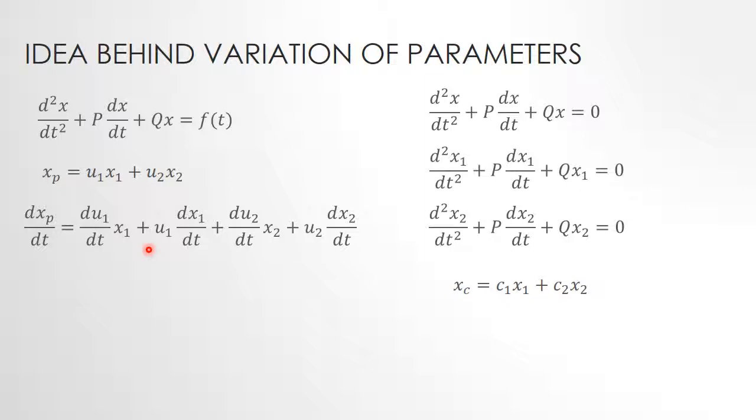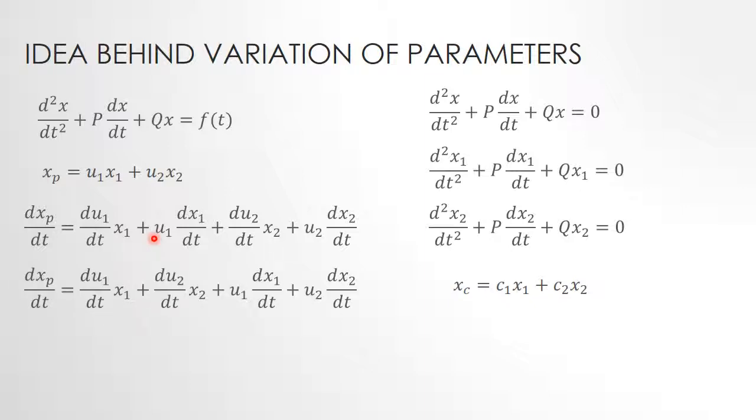And what I want to do is group this in a little different way. I've got derivatives of my u functions and then derivatives of my x functions. So the derivatives of my u functions are problems with this solution. So what I'm going to claim is those terms equal 0.